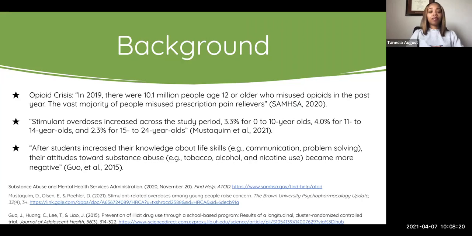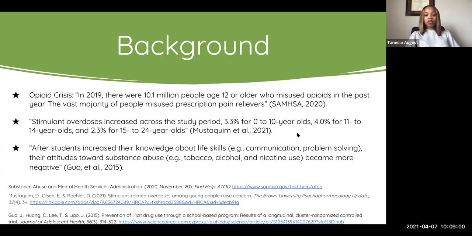And so a lot that's going on right now, just to give an overall idea of why the prevention program is needed, is because of the opioid crisis in 2019, where people the age of 12 and older misused opioids in the past year. And if you see right here, the second point, there was a 4% increase for 11 to 14-year-olds for stimulant overdoses in the last year.